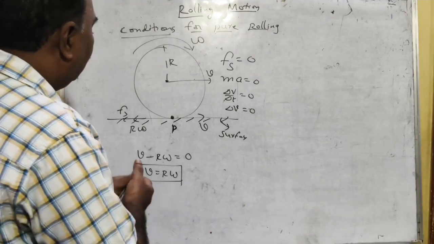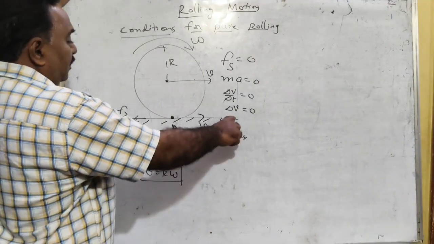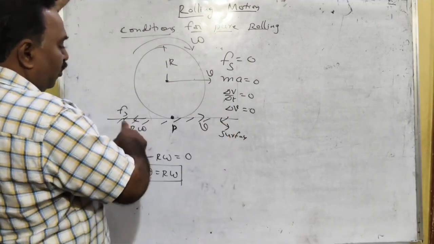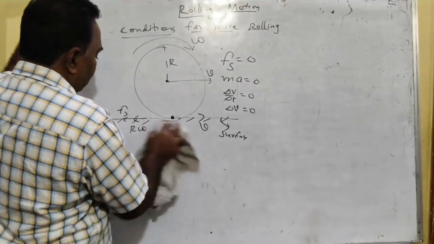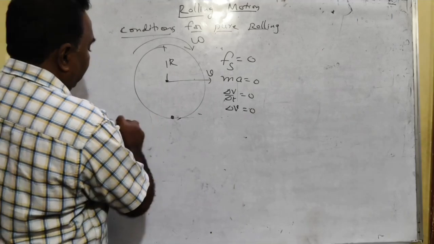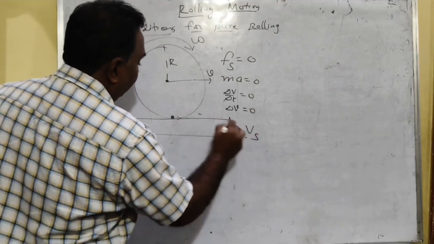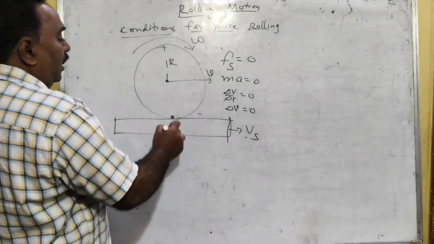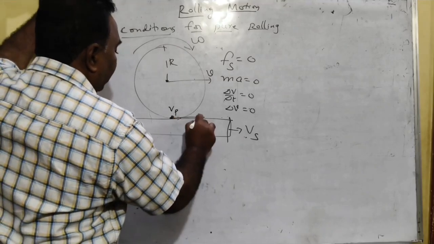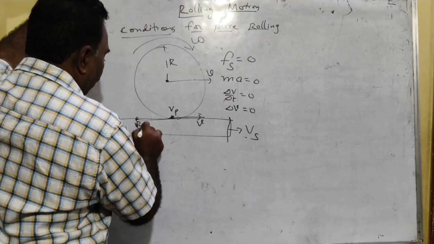Now we'll do one problem. What happens when the bottom surface or top surface is moving? Same problem, for example. Suppose instead of a fixed surface, this surface is moving with a velocity Vs. Now this particle velocity is Vp, which is V, and V is equal to r omega.